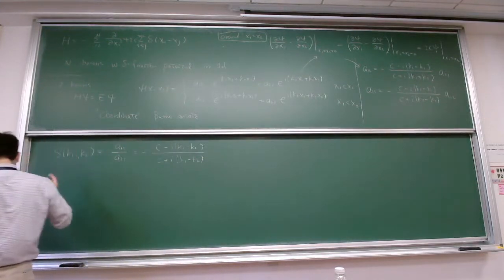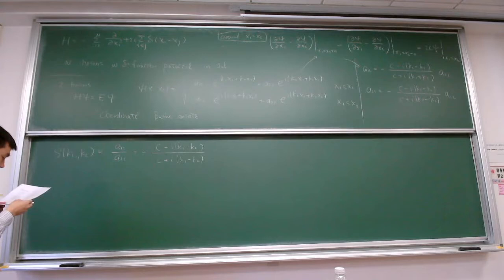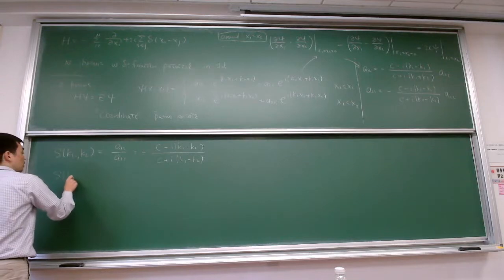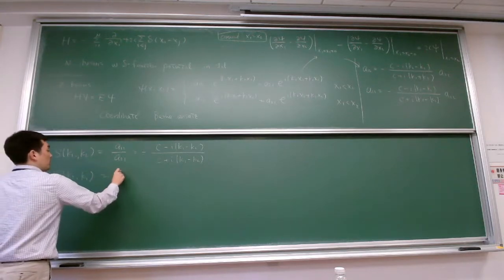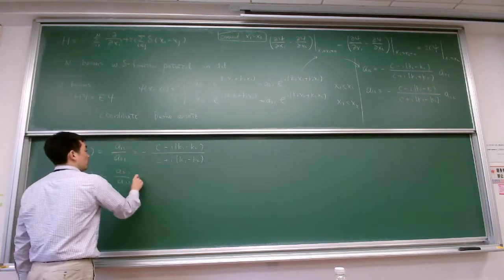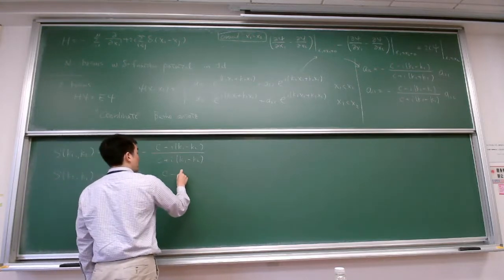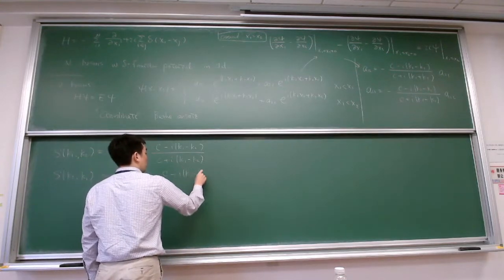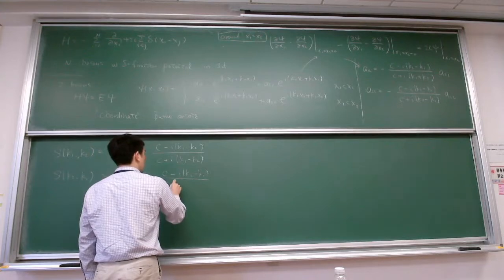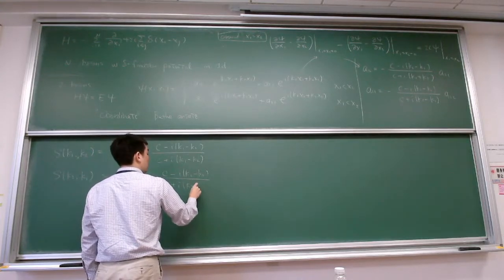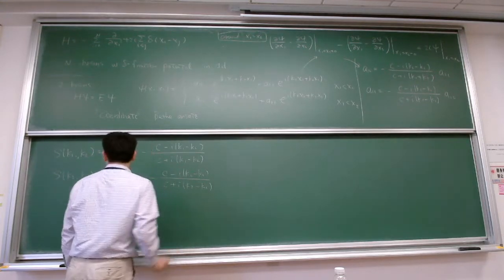And if you swap the coordinates, you have A21 over A12 equal to minus C minus i (k2 minus k1) over C plus i (k2 minus k1).